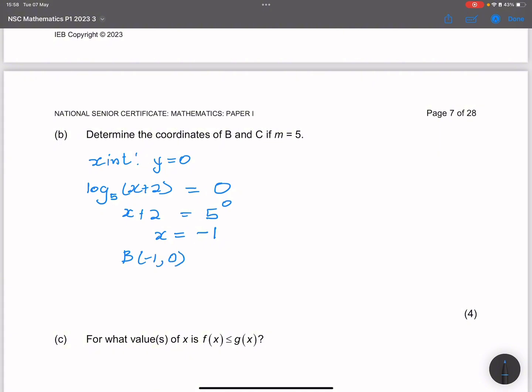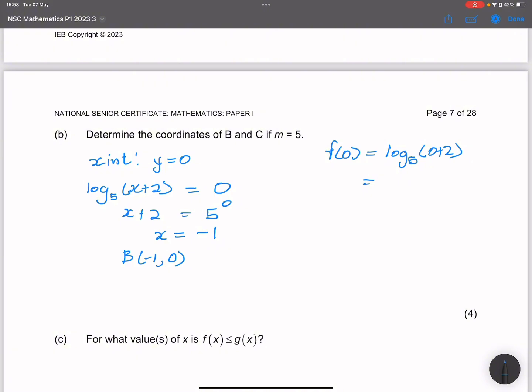Now let's go to the coordinates of c. For c, we know that in this case, this is where x is equal to 0. So we're going to say, well, this is f of 0 is equal to log of 0 plus 2 base 5. So in this case, this is log 2 base 5.